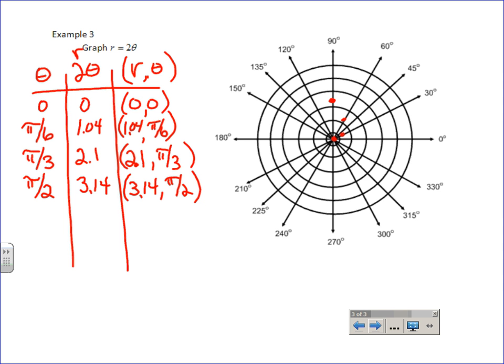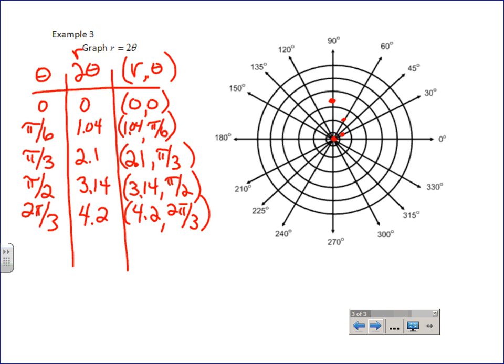As you can see, this is starting to move rather quickly. What's next? 2 pi over 3, which when I double is 4 pi over 3, and your decimal is 4.2 comma 2 pi over 3.